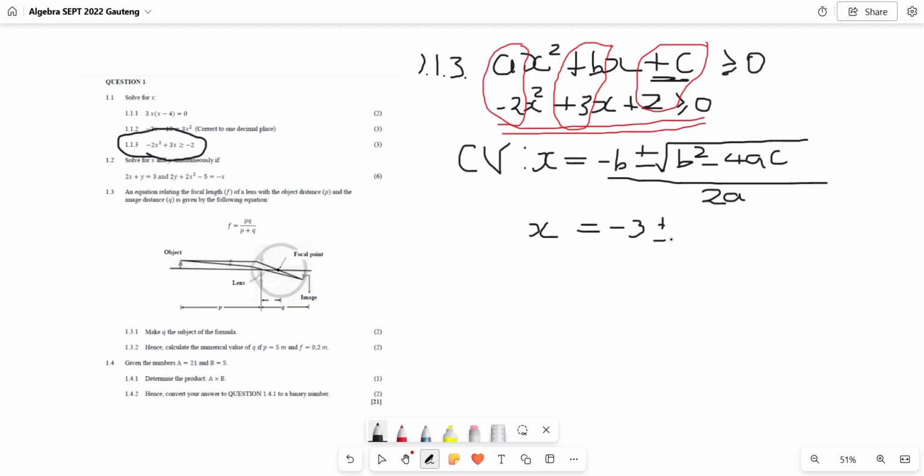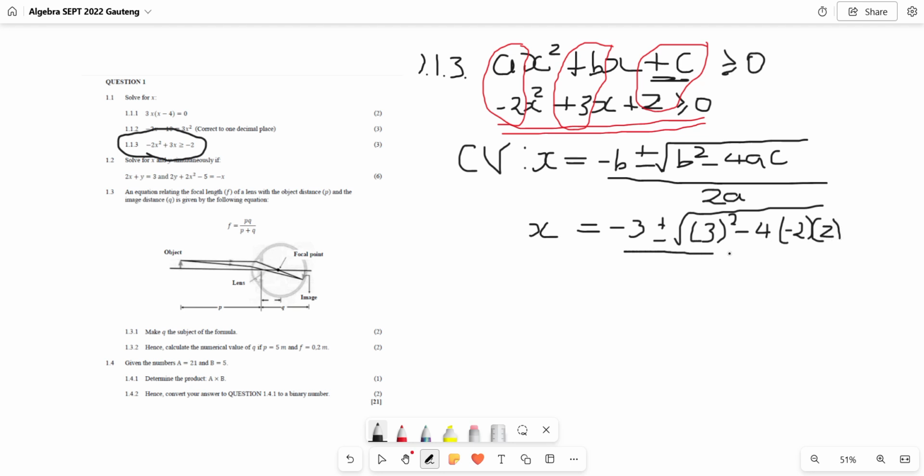The value of b that we have here is a positive 3, plus and minus the square root. Remember, when you substitute inside the square root, put brackets there: positive 3 close bracket all squared minus 4, then the value of a with its respective sign, in this case open bracket negative 2 close bracket, open bracket, then the value of c, which is positive 2 close bracket.